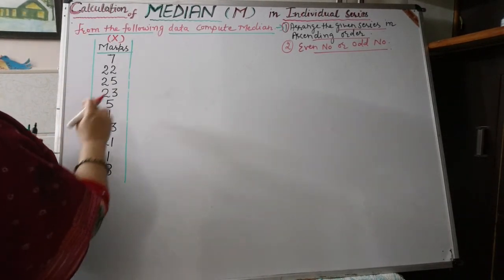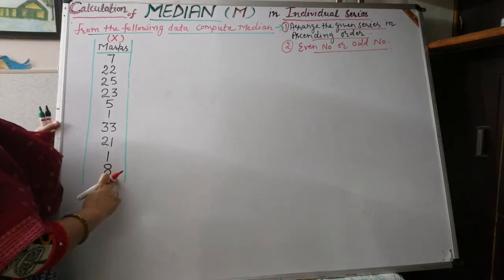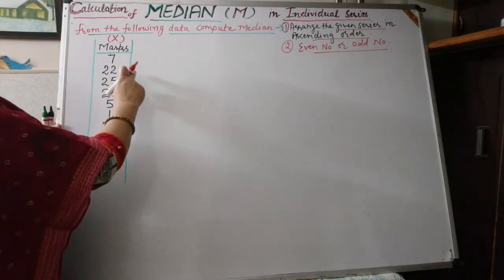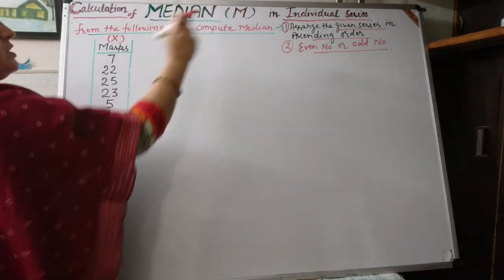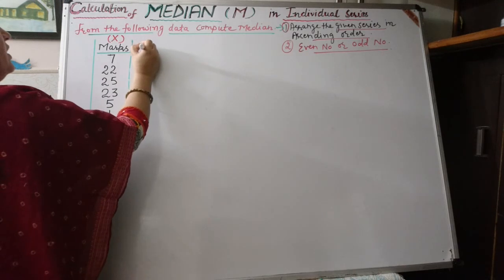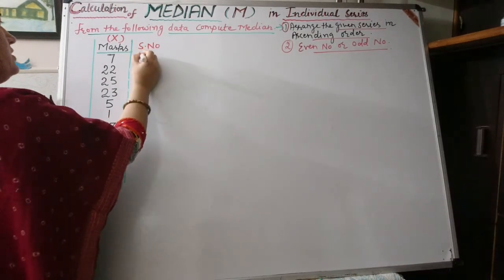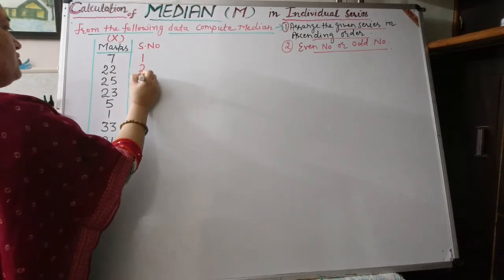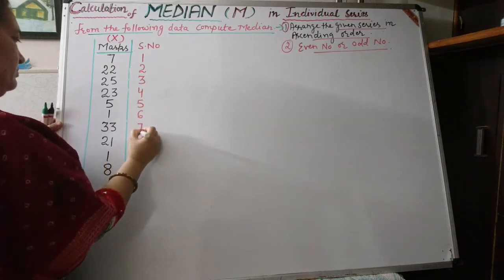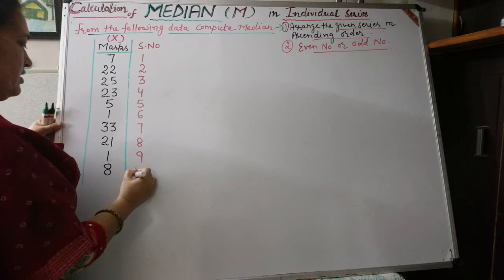So first of all, here just marks are given, number of students are not given, because this is an individual series and here frequency is not given. So let us prepare a serial number first and check how many students there are.